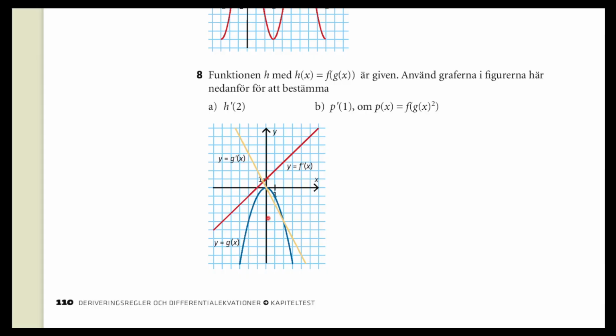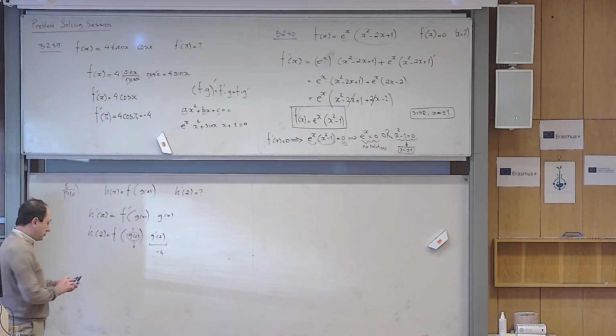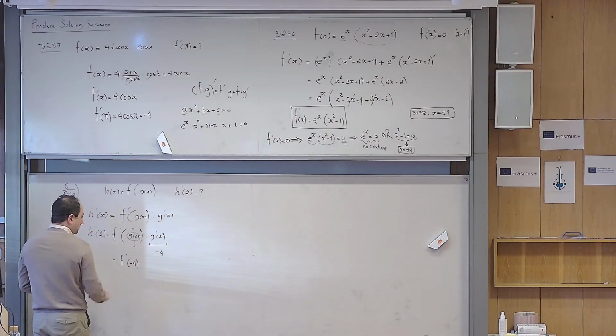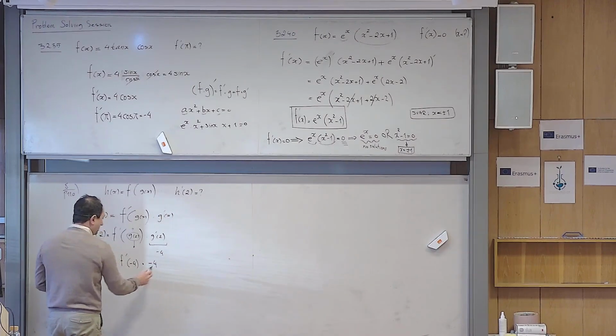The blue one. So I need to find g of 2. This is 2. I go down. Again, the blue curve is being intersected here. And then I go horizontally again. So that is minus 4 again. So this becomes equal to f prime of minus 4 multiplied by minus 4.